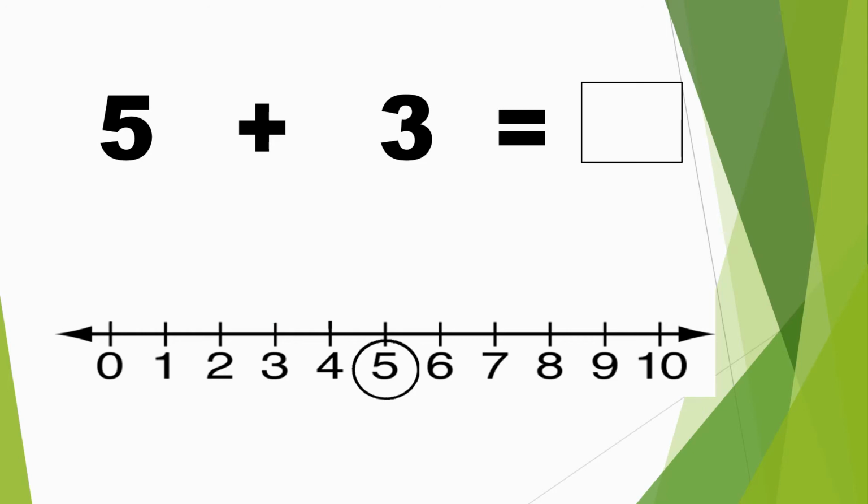Now I know hopping means going to the next number. So 1 time, 2 times, 3 times. I hop 3 times from 5 and I came to 8. So my answer is 5 plus 3 is equal to 8. And I hop right because I am adding.